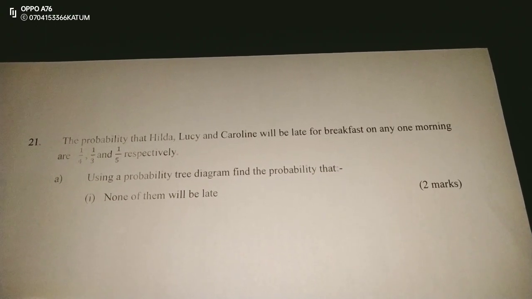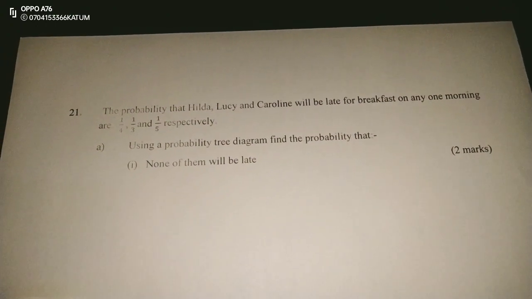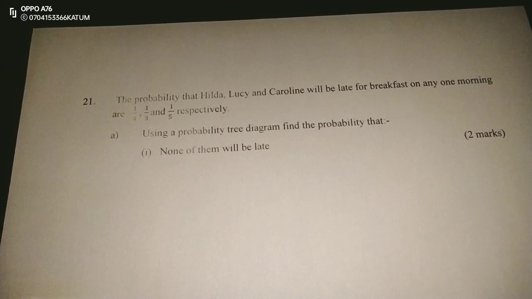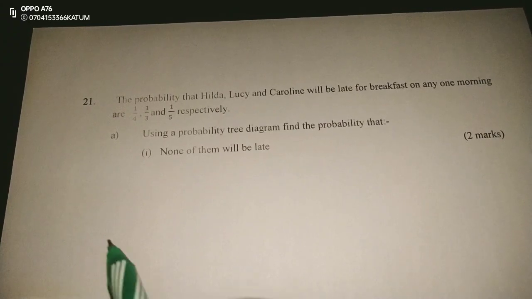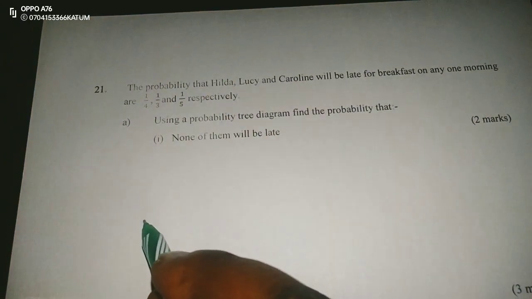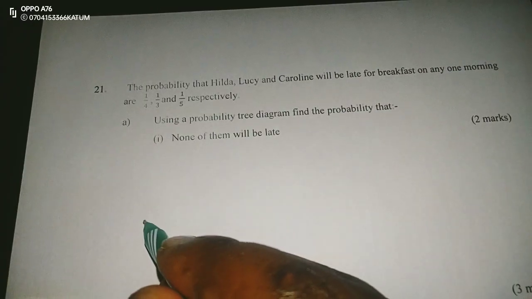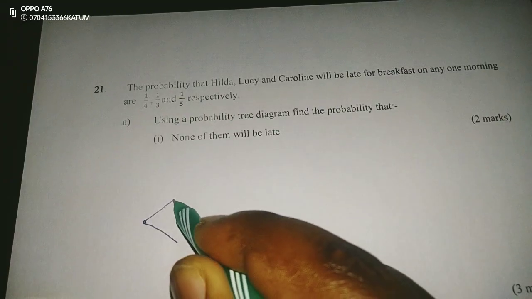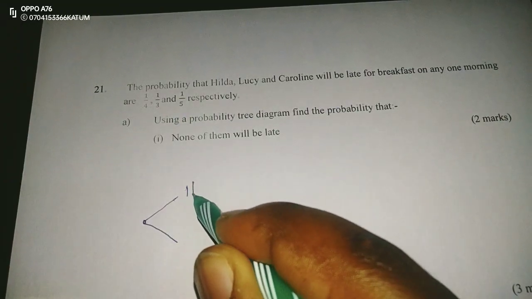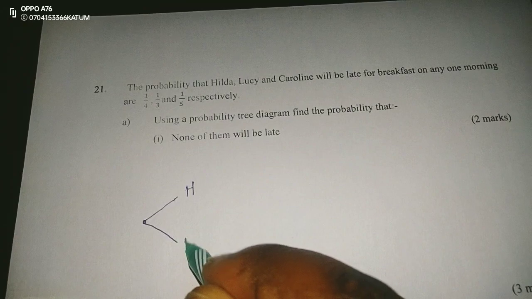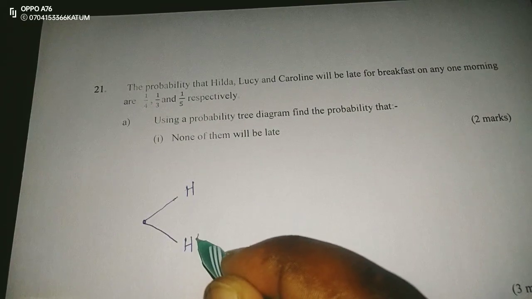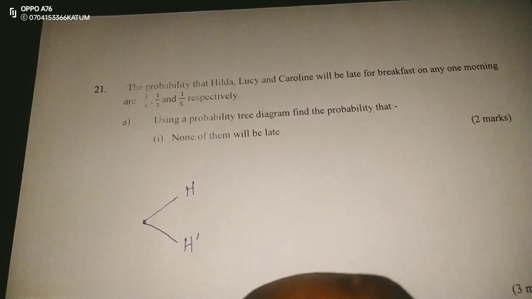We're going to begin by drawing a probability tree diagram for the information above. So we have Hilda's case. I'm going to begin with Hilda being late and Hilda not being late for breakfast.